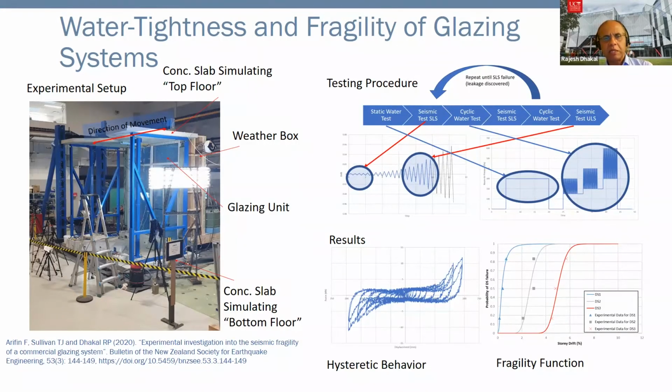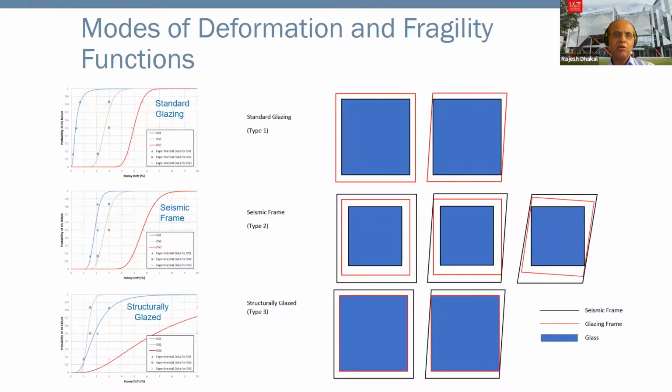So as early as maybe only when it is 0.2, 0.3% drift, which can happen in even minor shaking, right? Whereas by using smarter seismic frame and structurally glazed silicon frame, we can definitely improve the water tightness as well.